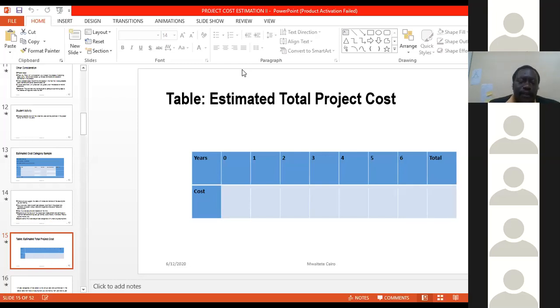It might be 3.5. So you go through the central bank. The central bank has a 10-year plan. You assess that inflation, and then all your costs can be adjusted based on the estimated inflation rates from the central bank. These are the assumptions that you will be required to explain by yourself in your projects.